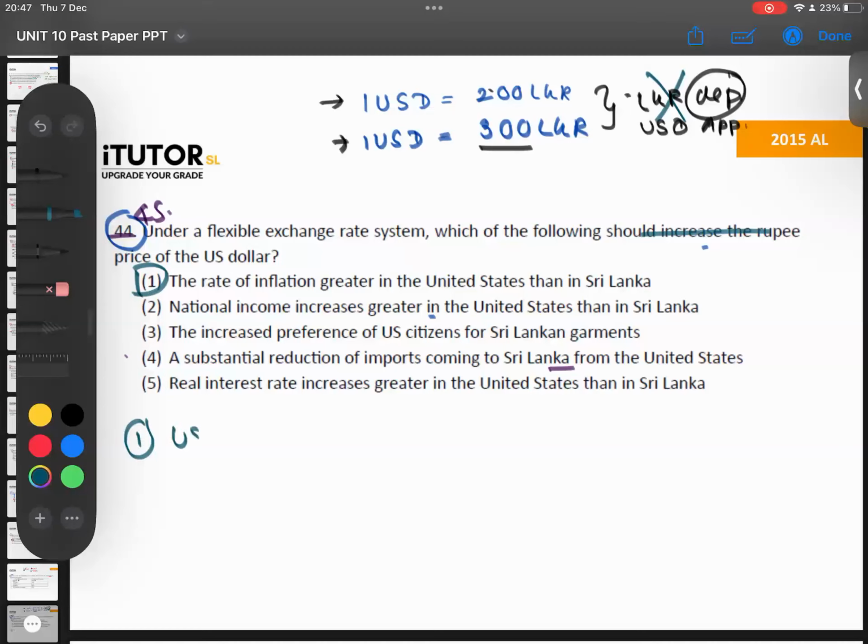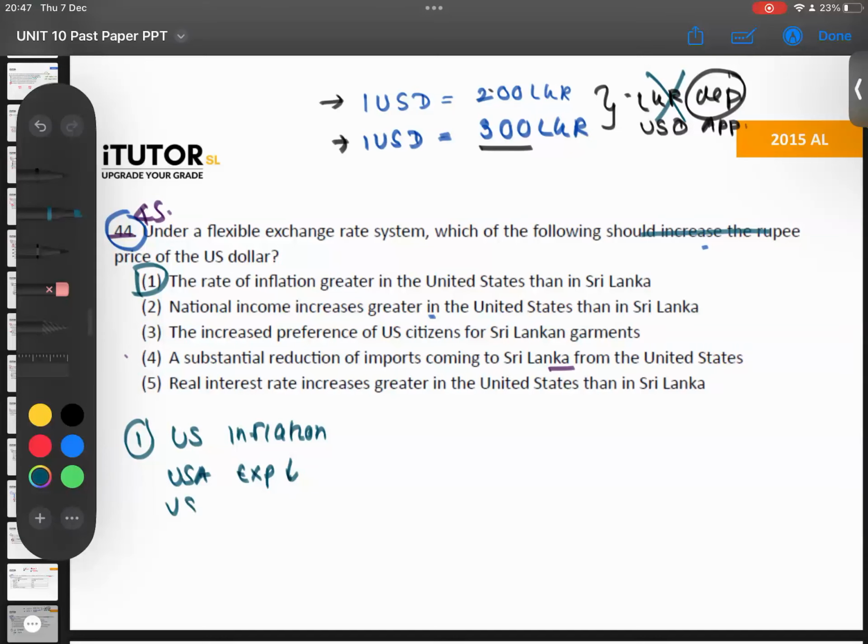Tell me, if US inflation is high, will anyone buy goods from the USA? Will anyone buy USA's exports? No. USA's exports will come down. What will the USA do? If their country is expensive, they will try to buy cheaper goods from other countries, no?